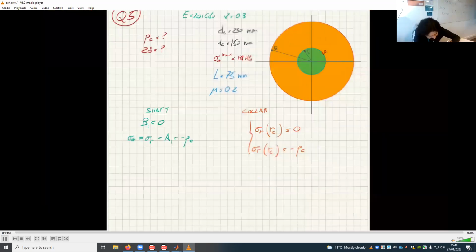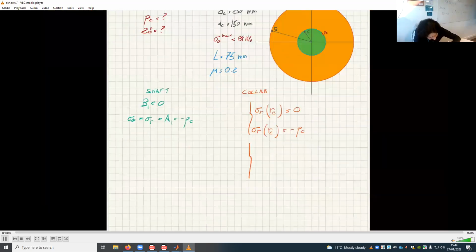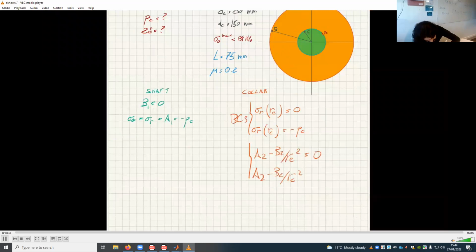Let me do this using Lamé equations. So these are the boundary conditions. Lamé equations mean that A2 minus B2 over RE squared equals 0, and A2 minus B2 over RC squared equals minus PC.